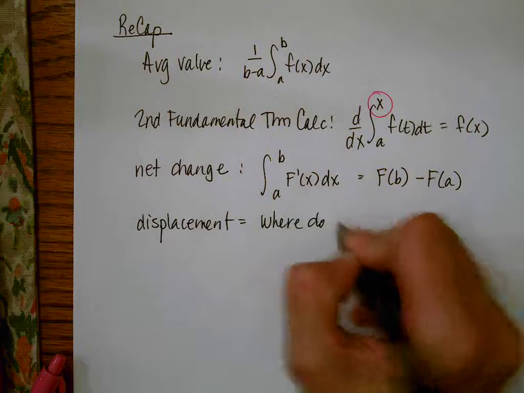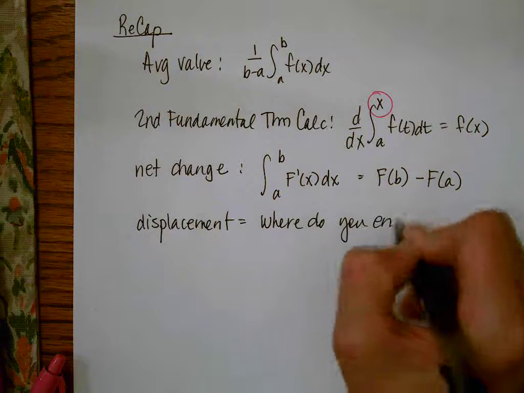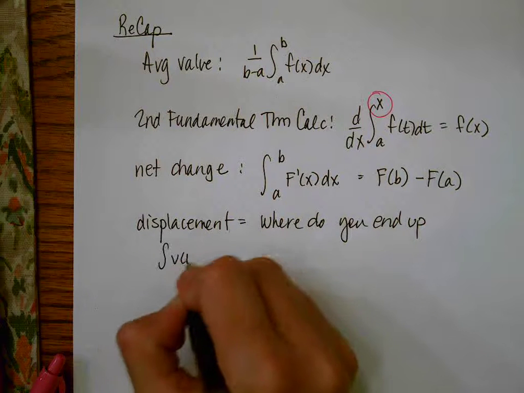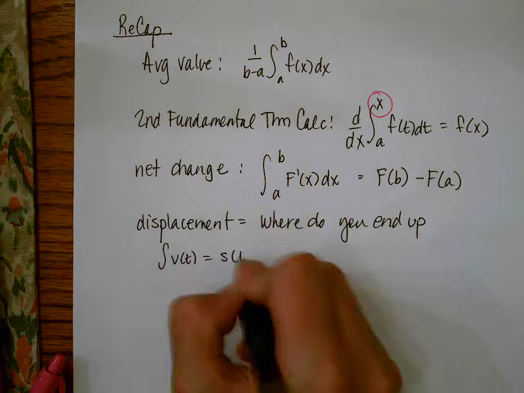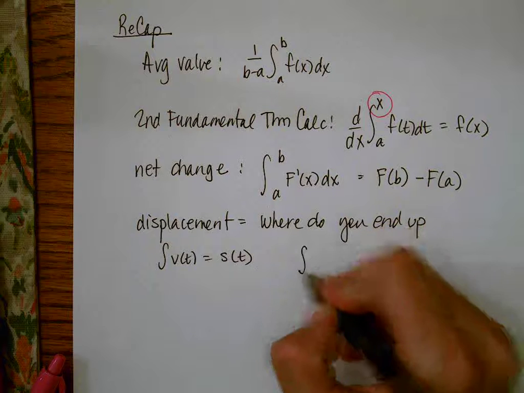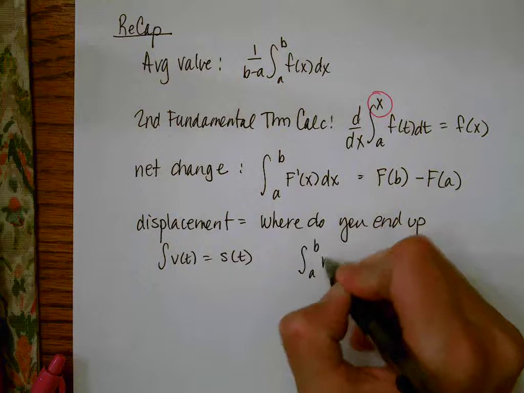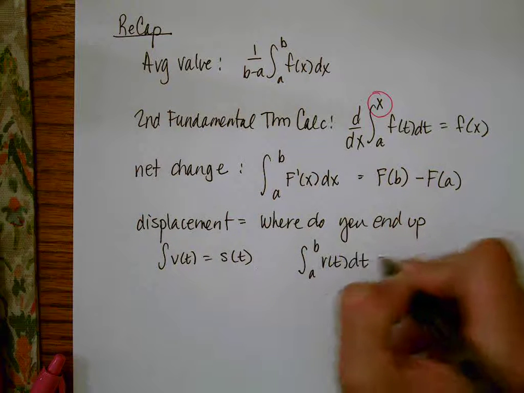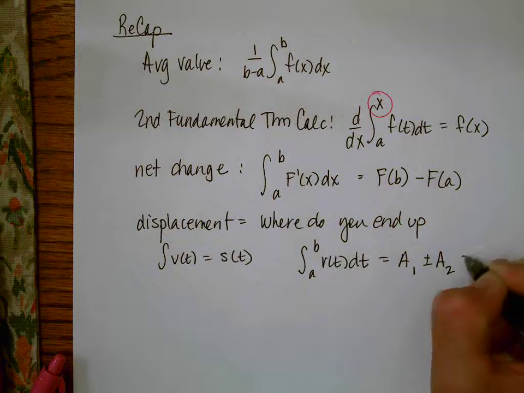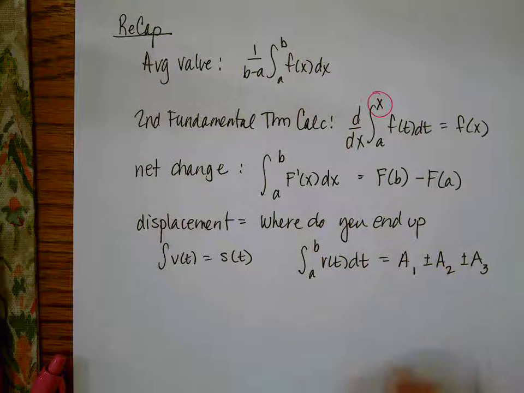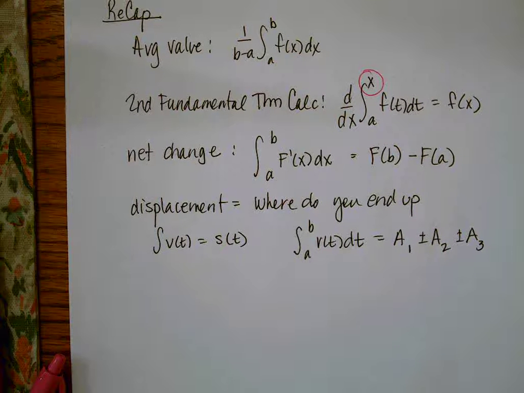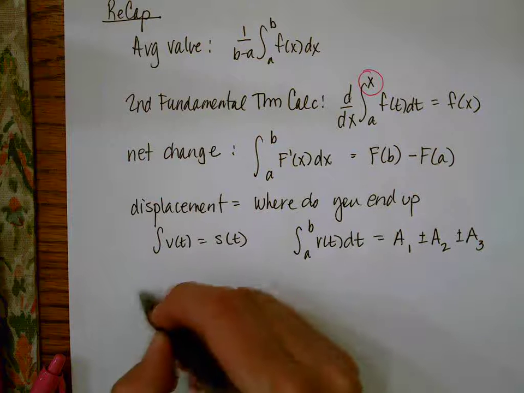Your displacement, which is where do you end up, and just as a side note, remember that the integral of velocity is position, okay, so you need to remember that little detail. So the integral from a to b of v of t dt is the sum of your areas.